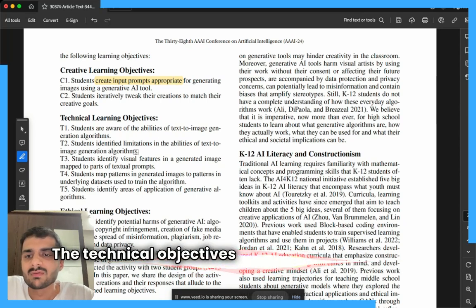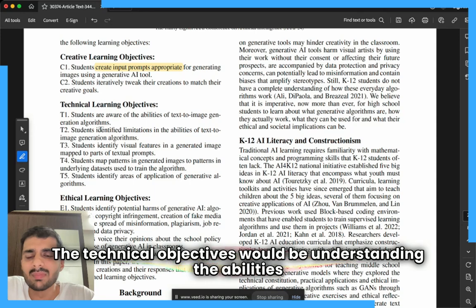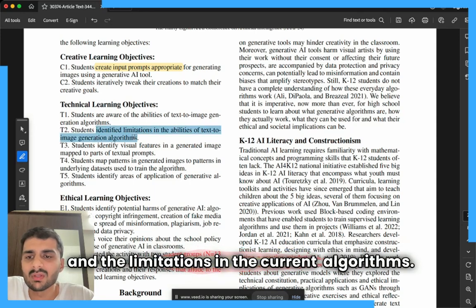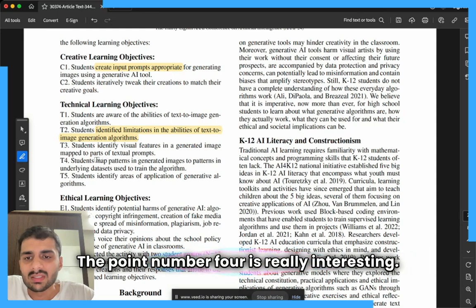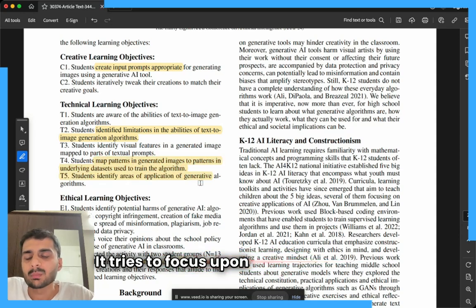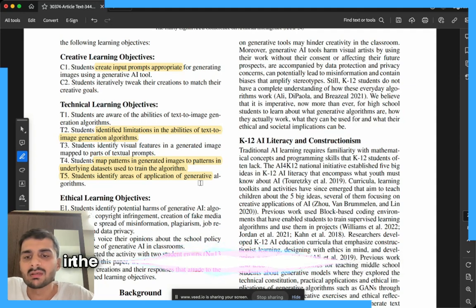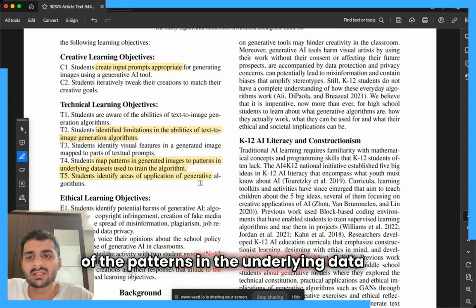The technical objectives would be understanding the abilities and the limitations in the current algorithms. The point number four is really interesting. It tries to focus upon how the patterns in the generated images are really a reflection of the patterns in the underlying data set.